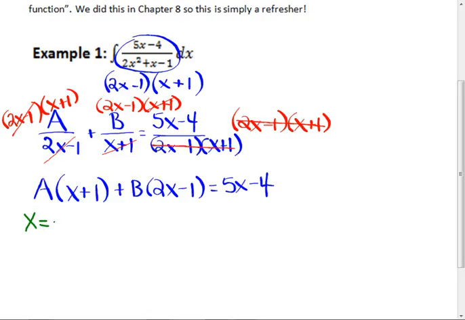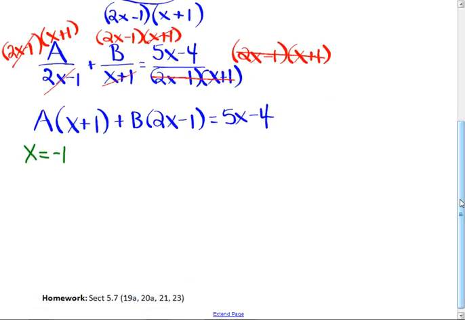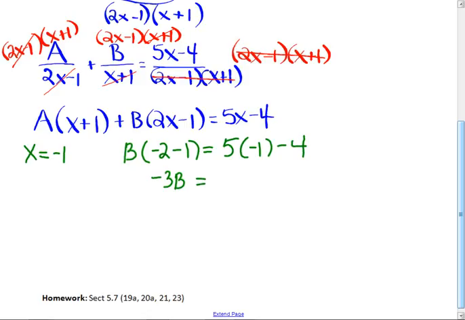X equals negative 1. What's that going to give us? It's going to give us A times 0, so that's gone away, and it's B times negative 2 minus 1 equals 5 times negative 1 minus 4. So negative 3B equals negative 9. So B is equal to 3.